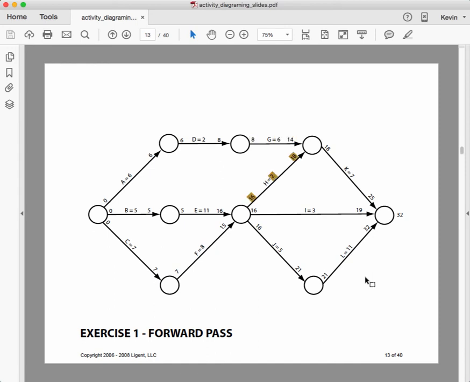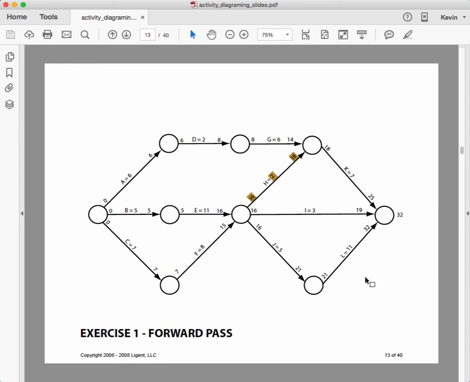And now we're looking at task H, and it's a little bit more complicated to figure out the early start for H, I, and J. We look at the early finish of the tasks that are coming in, and in this forward pass, the left to right one, we take the highest of the numbers, 16.